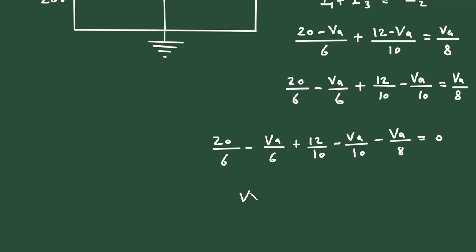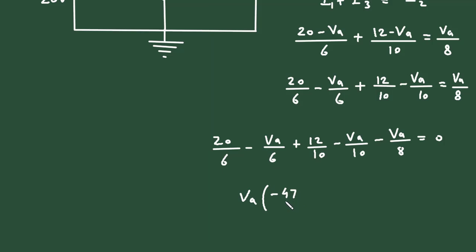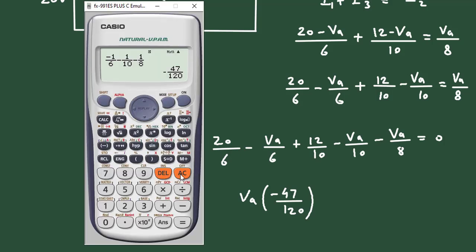If we take VA common, in bracket this will be minus 1 upon 6, minus 1 upon 10, minus 1 upon 8, which is equal to minus 47 divided by 120.